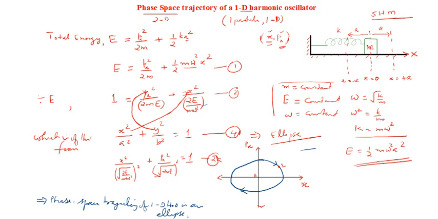This is the representative point, meaning it is an accessible microstate of this system. Or you take any point on the trajectory. All these points are representing the accessible microstates of this harmonic oscillator, this system, at various instants of time.